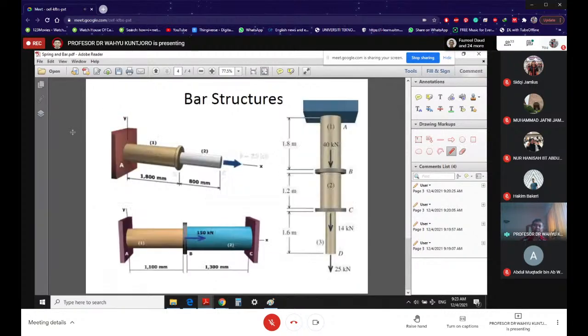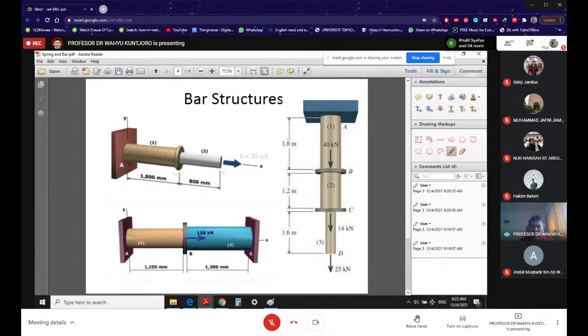And also over here, we have bar structures. If you look at the structure on the right here, I hope you agree with me that you have three components.